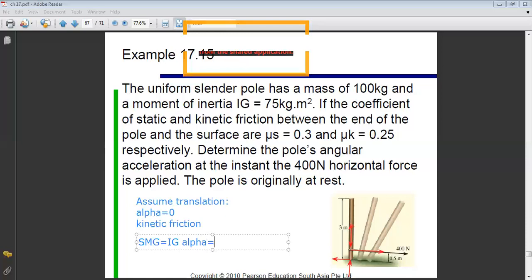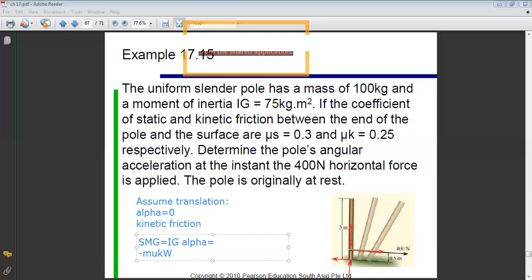So if I do sum of moment about G, I have first the moment of friction, which is in the clockwise direction, so it's minus F. What is F? μk N. And what is N? N is equal to the weight, mg, because along Y, sum of Y equals 0 if I have translation. So N is equal to W.